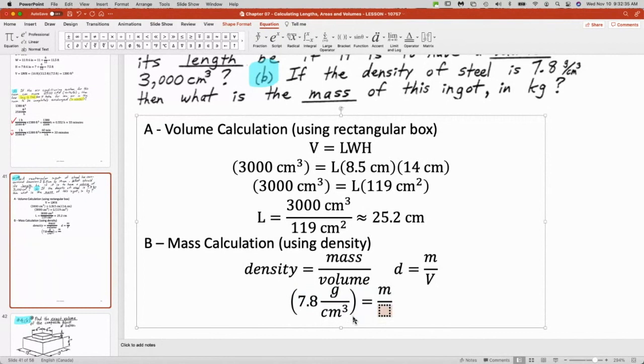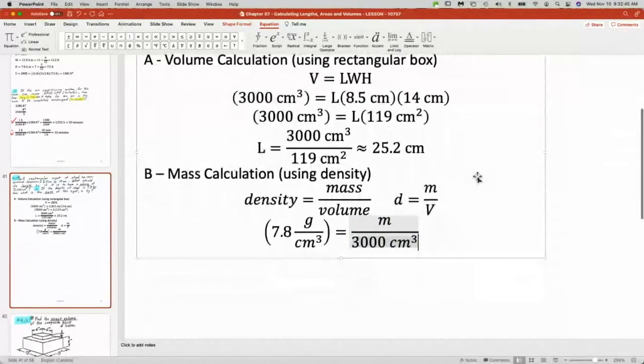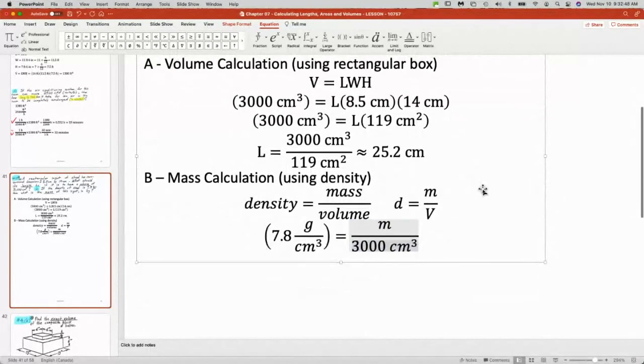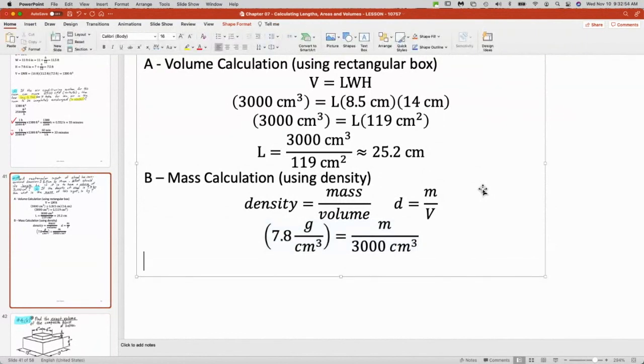That's M. Then the volume is 3,000 centimeters cubed. Now, if you don't mind, I'm just going to scroll down at this point to keep the nice big font on the screen. So we're going to multiply both sides by 3,000. So we can say that M.